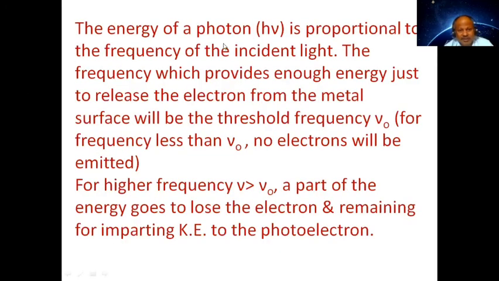The energy of photon is proportional to the frequency of incident light, and the frequency which provides enough energy just to release the electron from the metal surface will be the threshold frequency.